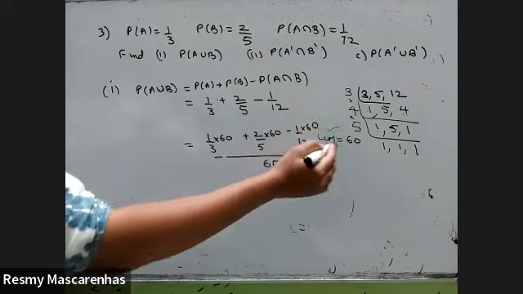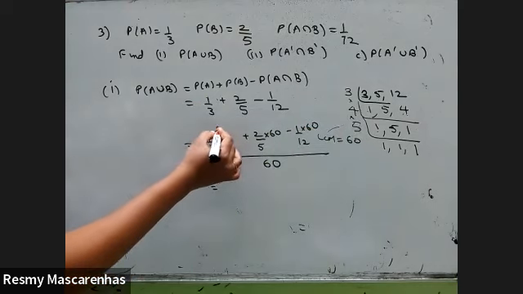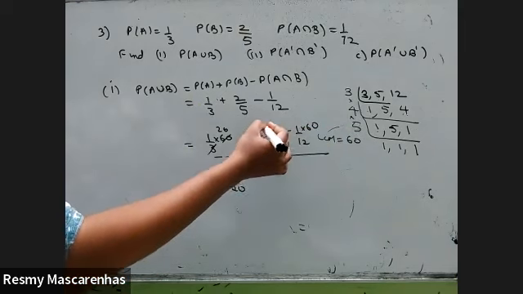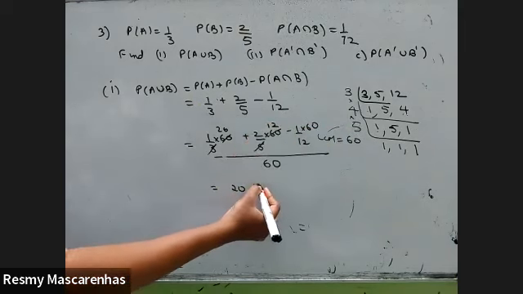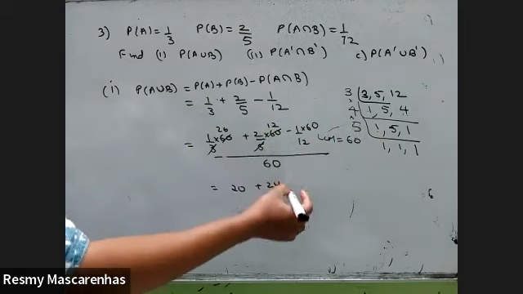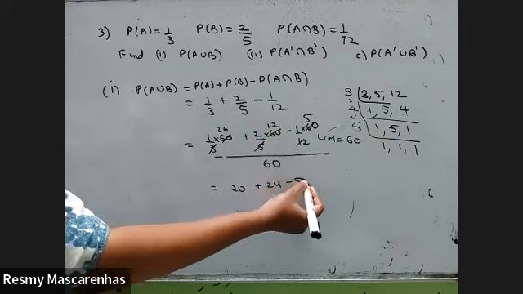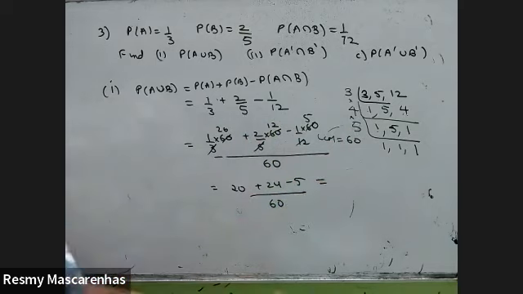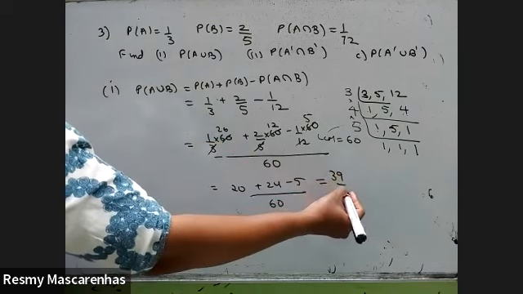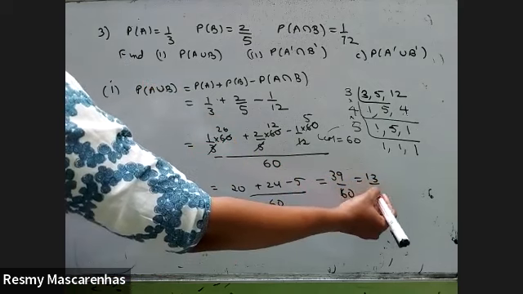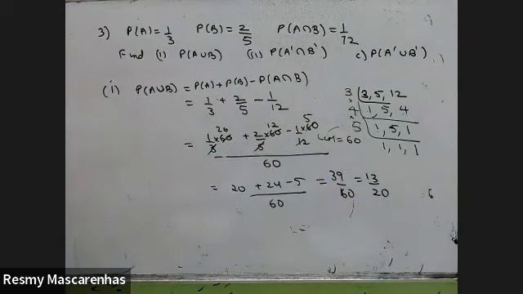Same answer you will get. 3 into 20. 12 to the 24. 5. 90. 39. 3 1 the 3. 3 3 the 9. 13 upon 20.